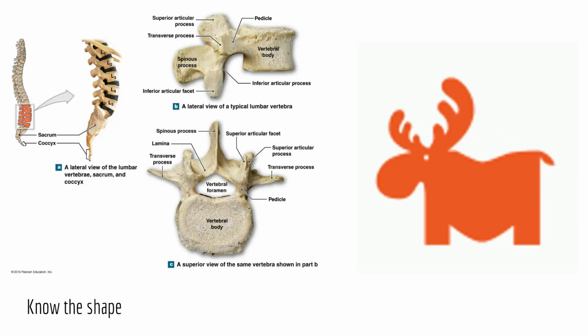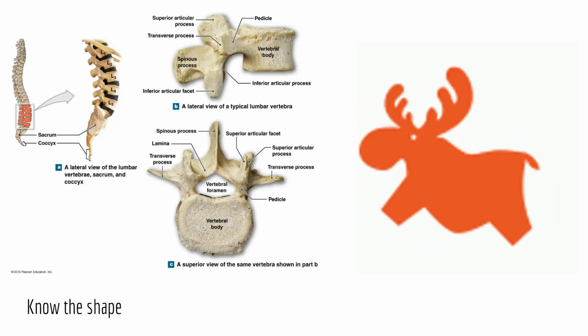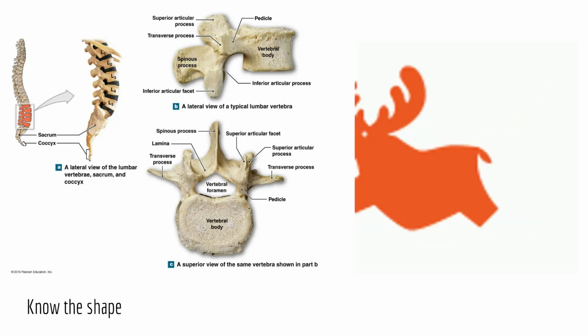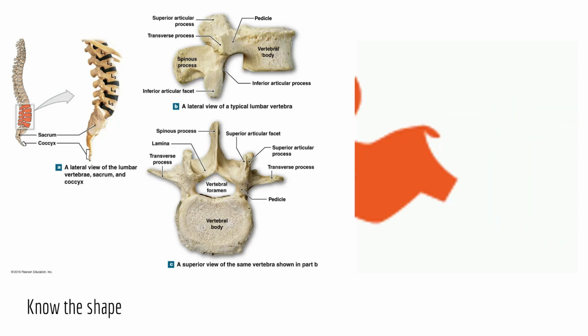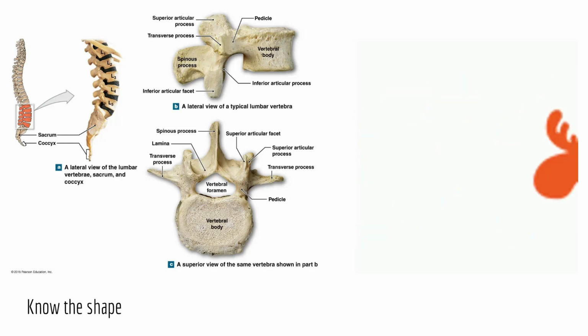And as I mentioned in the thoracic region, how to identify a thoracic is by it looking like a giraffe. Well, the lumbar has a similar animal feature, and it kind of looks like a moose from the lateral view. So that's how you can tell if it's lumbar.